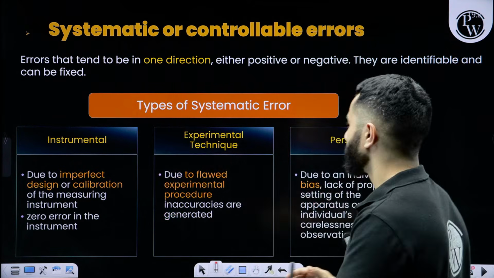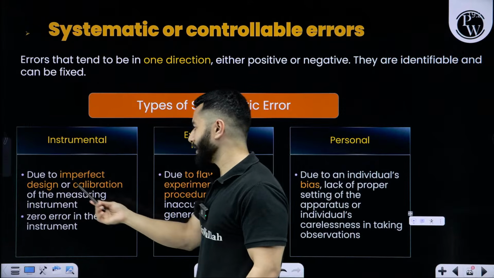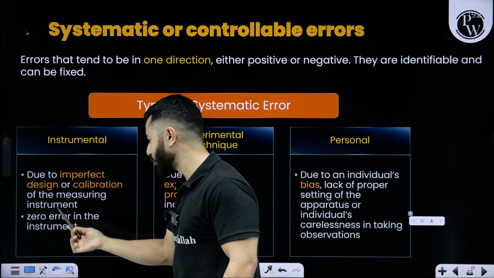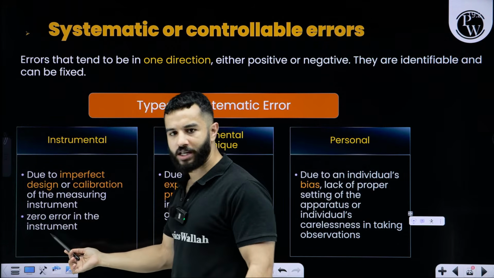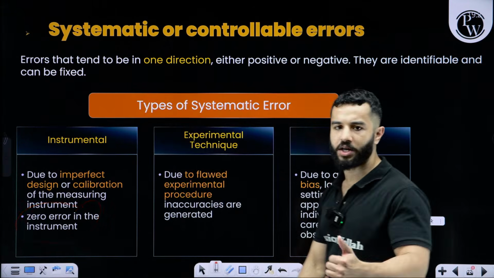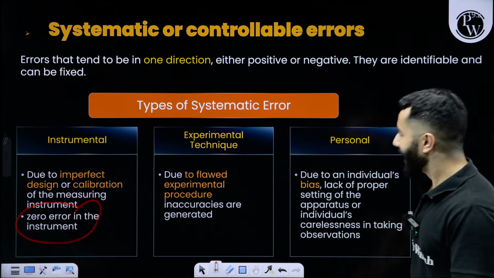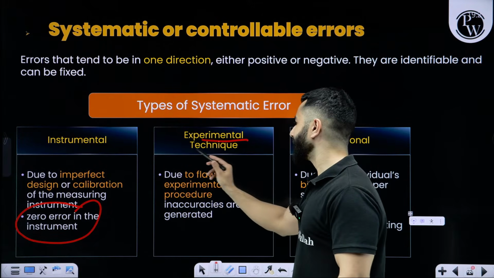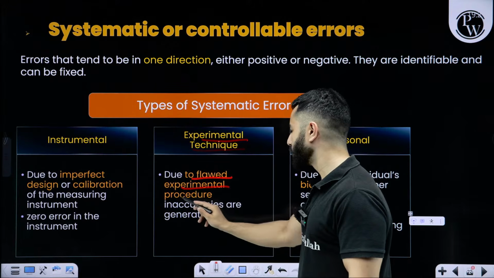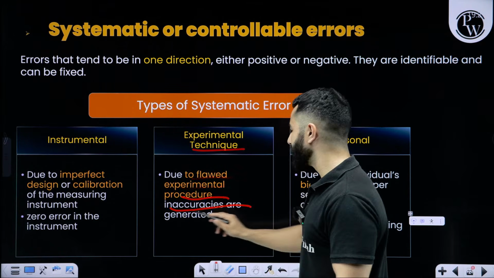Instrumental error means error due to the imperfect design or calibration of the measuring instrument. Zero error is one of the instrumental errors. We are going to discuss zero error when we talk about vernier caliper or screw gauge. Then you have experimental technique error: due to a flawed experimental procedure, inaccuracies are generated.